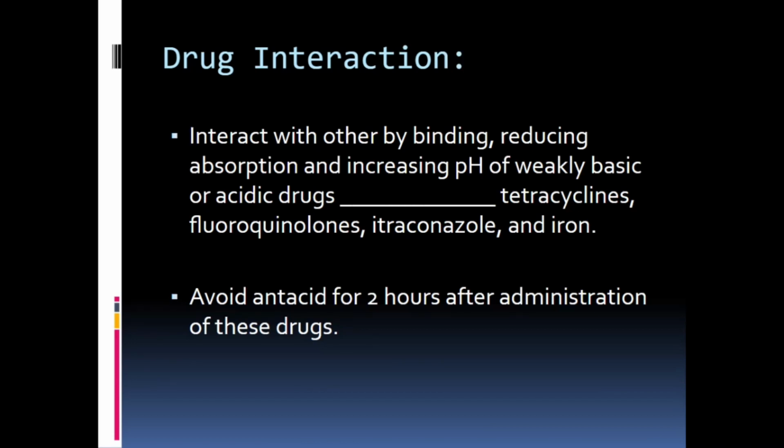That is the reason for their interaction: by binding, reducing absorption and increasing pH of weakly basic or acidic drugs. Okay, that is the main reason for the interaction. So what kind of drugs can be affected when the person is using an antacid? One is tetracycline, fluoroquinolone, itraconazole and iron.